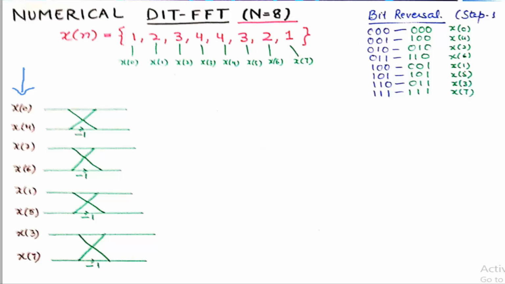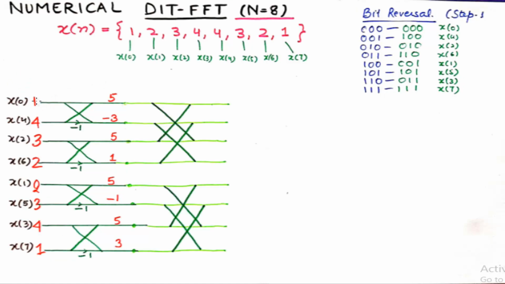And then what we do is we take up 2 samples and we draw a cross between them. The first sample is sent as it is. The second sample is sent with a weight of 1 here. So this is the direction, this is the direction, and this direction has a multiplier of -1.